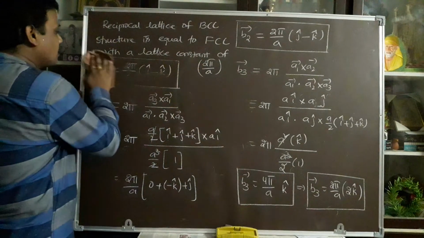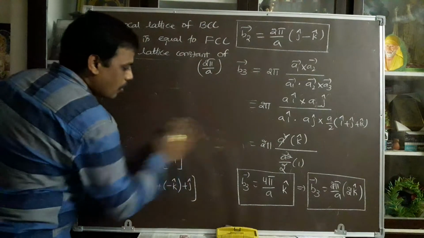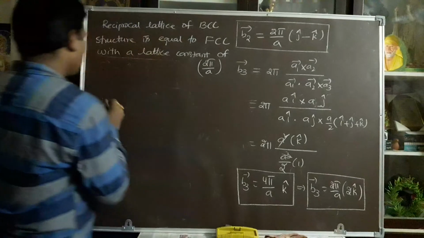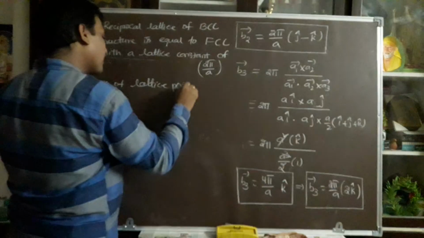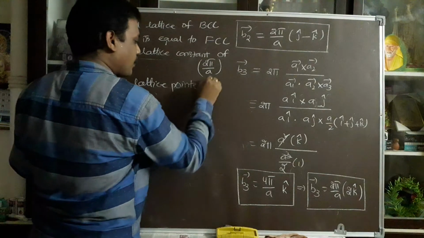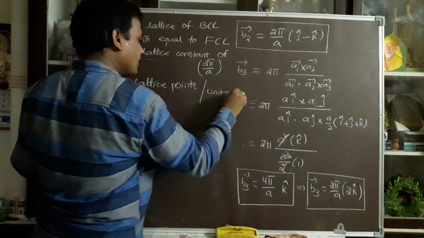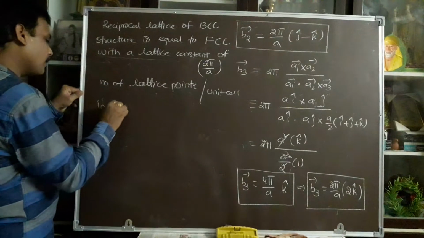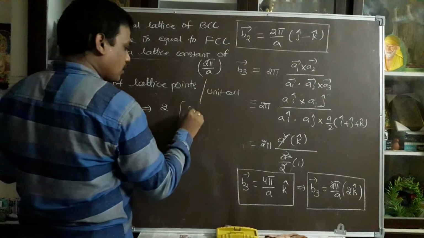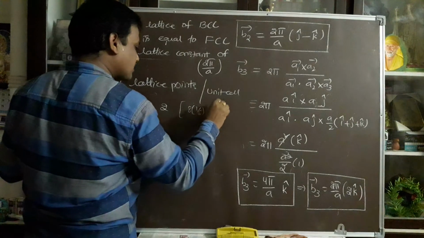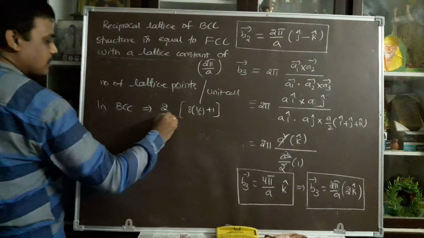Volume of the unit cell is written as: how many lattice points are there? Number of lattice points per unit cell in BCC is only 2. How do we get that? 8 into 1 by 8 plus 1. So how many lattices are there? 2.